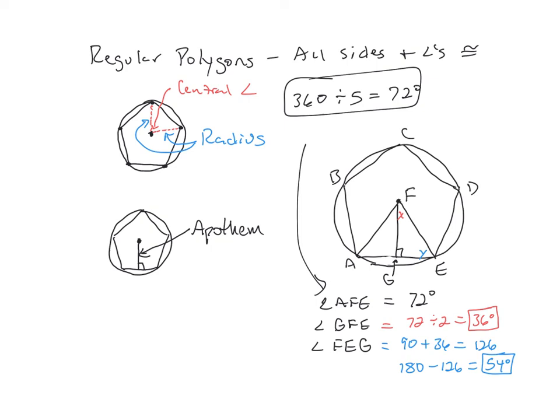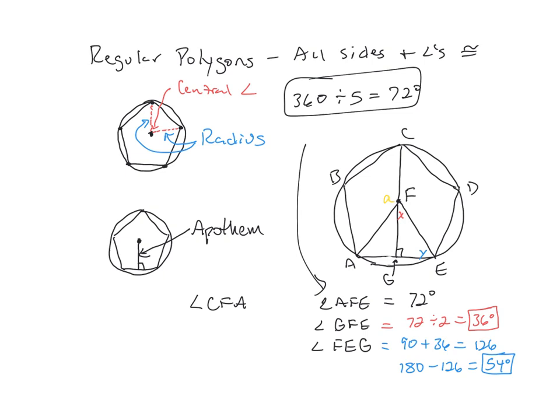And then it might also have, let's see, if I said find angle CFA, I'm trying to find that angle. What it wants you to notice is, remember that 360 divided by 5 is 72, the central angle.